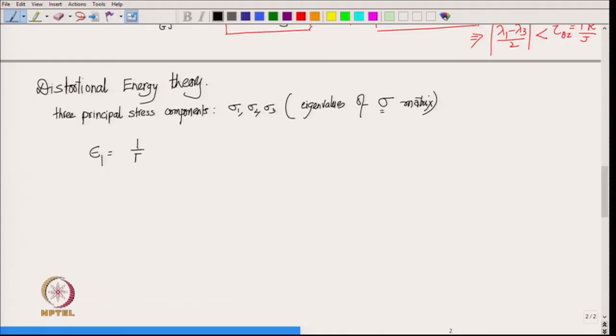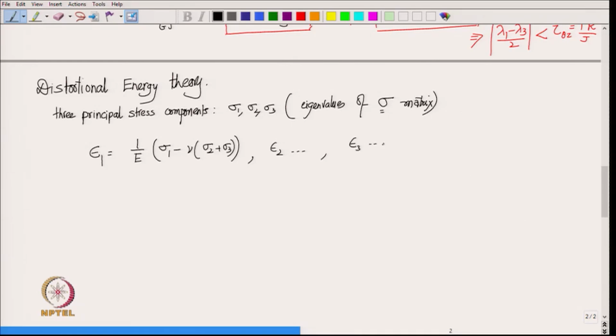But then what will be epsilon 1, epsilon 2 and epsilon 3? So, you can use the 3D Hooke's law. Epsilon 1 is equal to 1 over E into sigma 1 minus nu times sigma 2 plus sigma 3. Likewise, for epsilon 2 and epsilon 3.